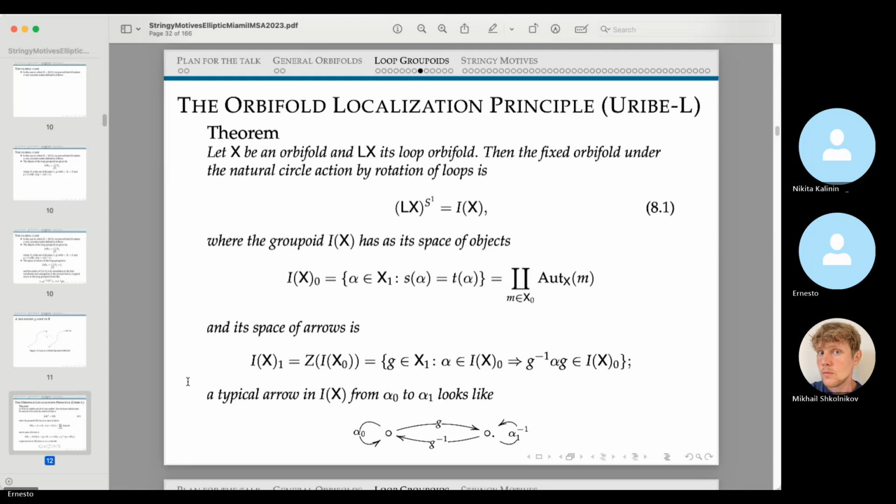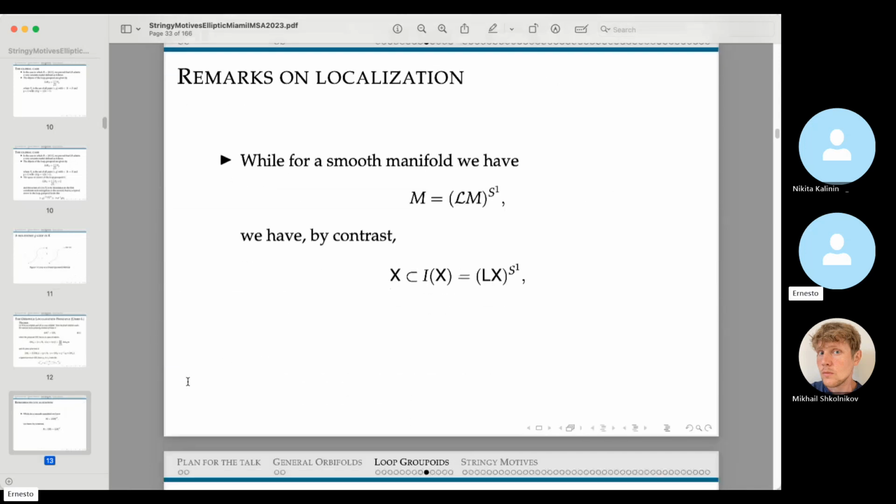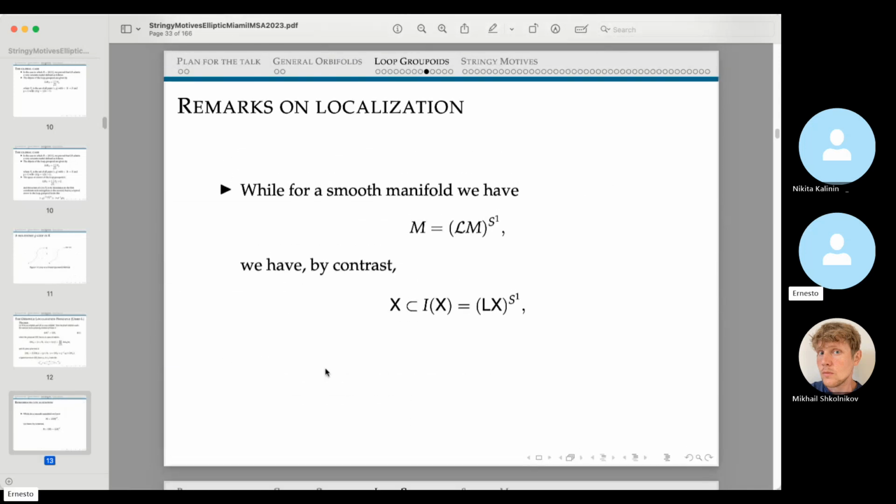Yes. Very well. So for a smooth manifold, we have this, and this is very used in all this theory because you localize integrals from here to here. You typically localize integrals from here to here in quantum field theory. In orbifold quantum field theory, you localize integrals from here to here, not to here, and that changes the whole structure of the theory.